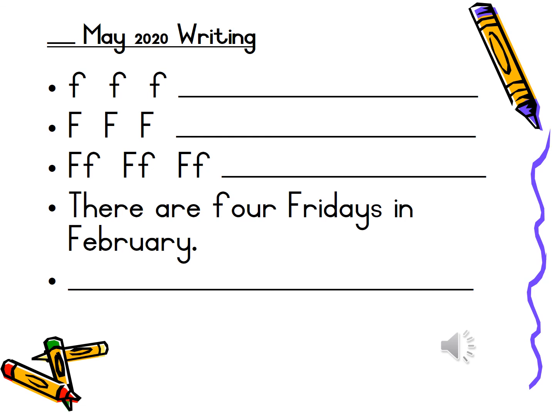So you're going to do a line of the small letter F, a line of the capital letter F, and then both together so that you can see the size. And our sentence is, there are 4 Fridays in February. Well done, children.